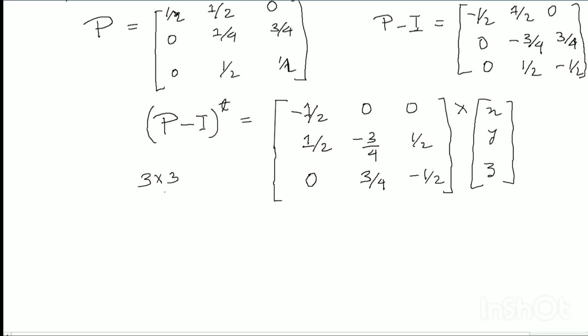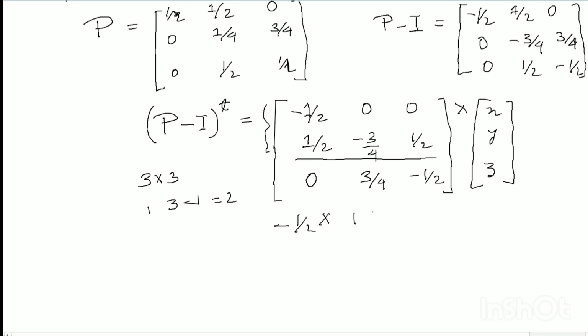As it is a 3 cross 3 matrix, whatever I get: 3 minus 1 equals 2, so I have to operate on only two rows.